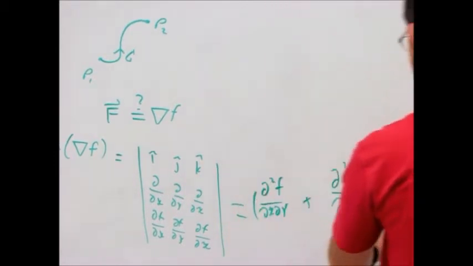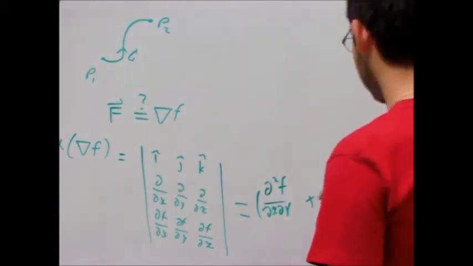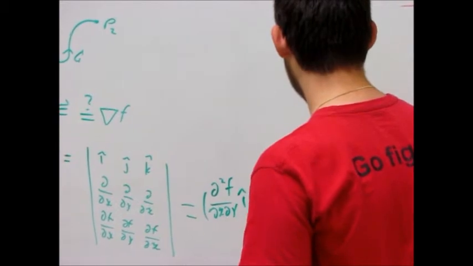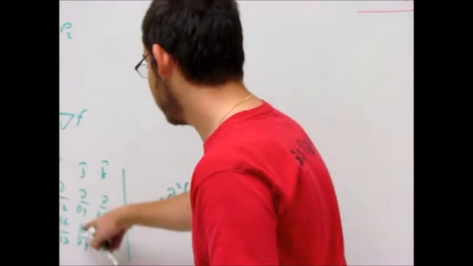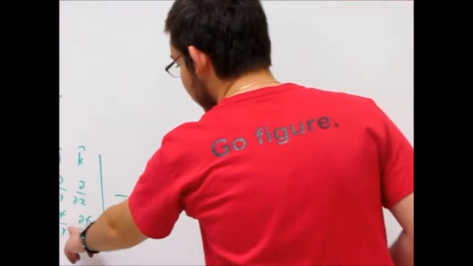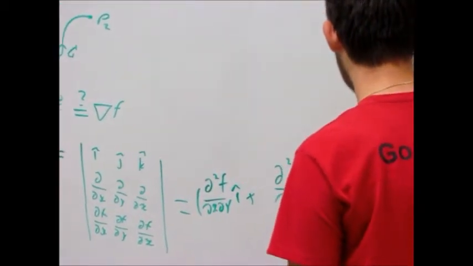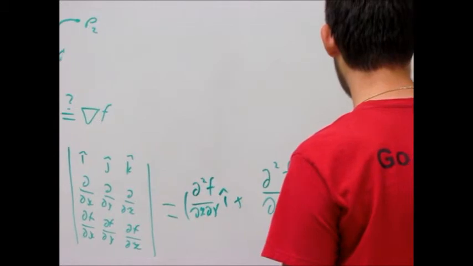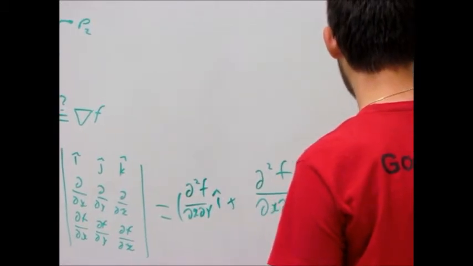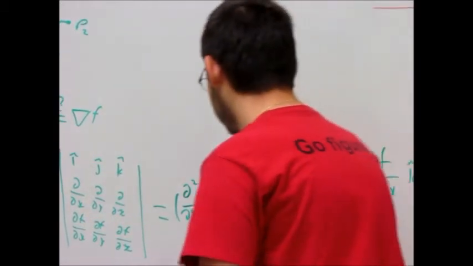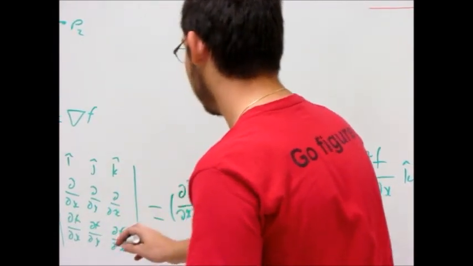Yes. X and then z. That's j. And the k is partial of f with respect to y first, and then we take it with respect to x. Y, then x, k, minus, let's do it the other way.